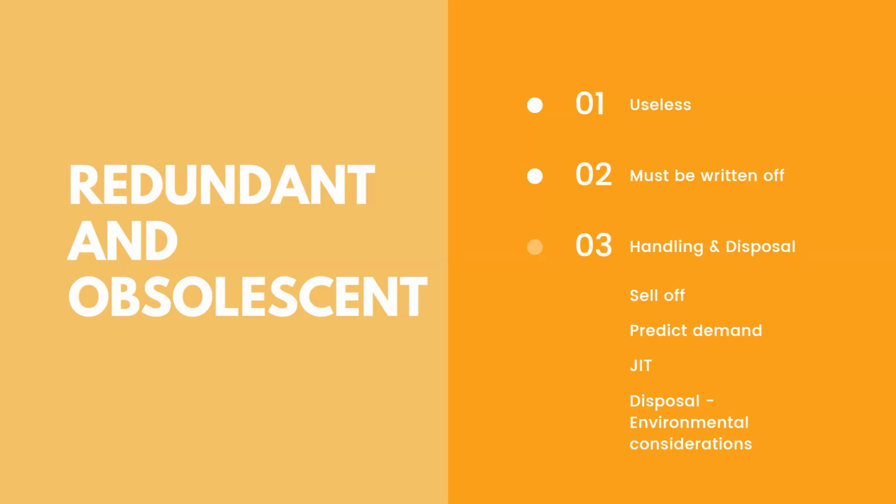We also need to manage and forecast the demand more closely, or we may adopt a just-in-time approach to reduce the need for higher stock. And if we have redundant and obsolescent stock in the warehouse, then the disposal needs to take environmental matters into account.